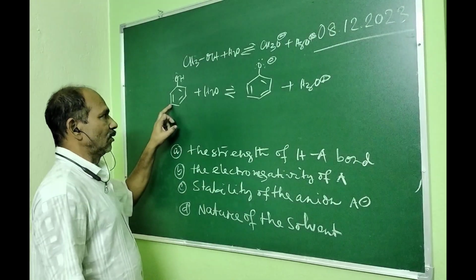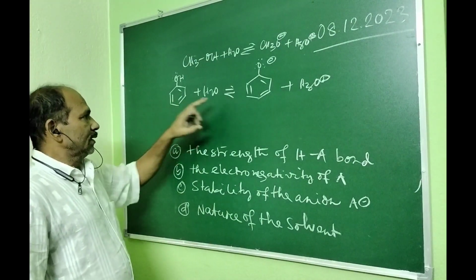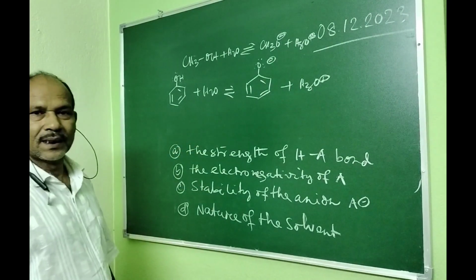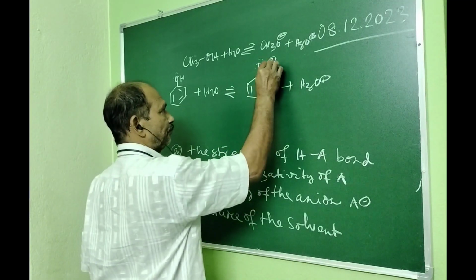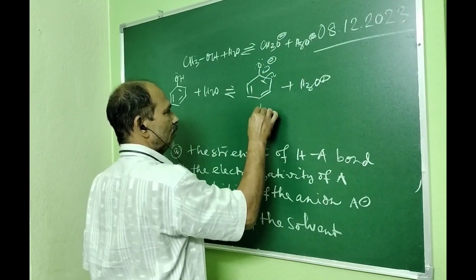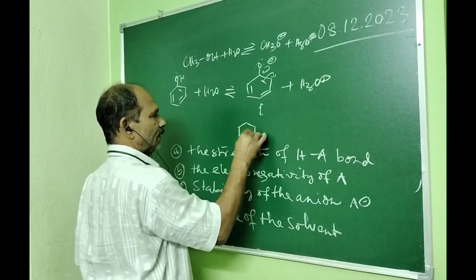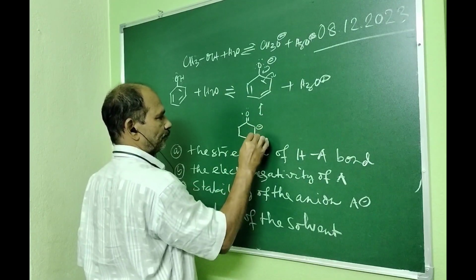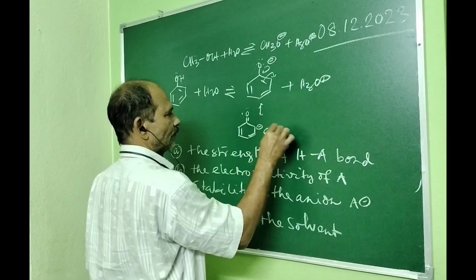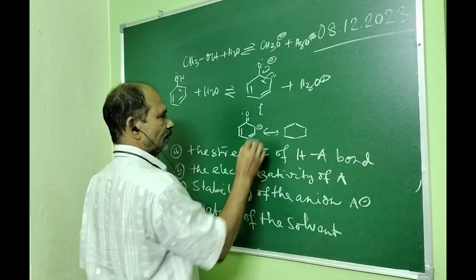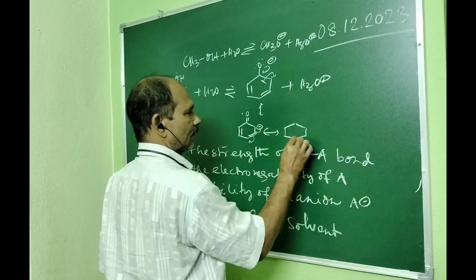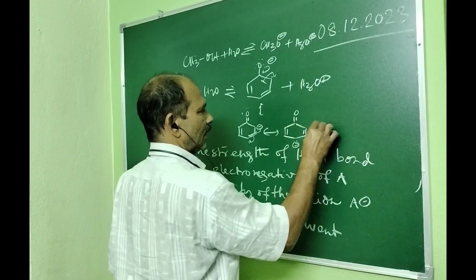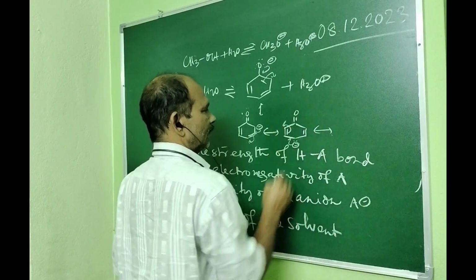But in the case of phenol, after dissociation, phenoxide ion is generated, and the phenoxide ion is resonance stabilized like this, and so on. We get different resonance structures for phenoxide. We get another structure like this.